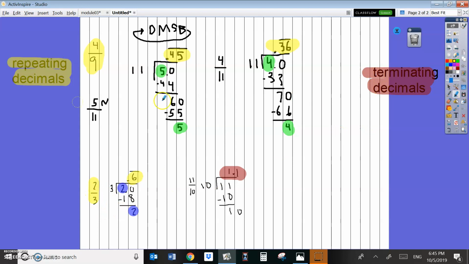1/3, 2/3. So think about the denominators that repeat. 9 repeats. 4/9 repeats. 5/11 repeats. 2/3 repeats.